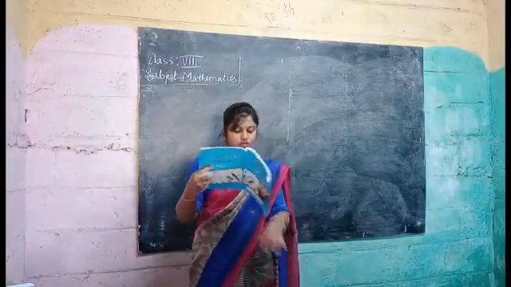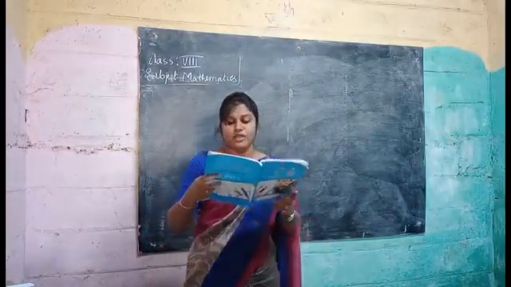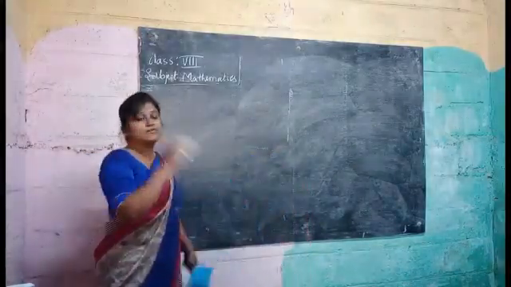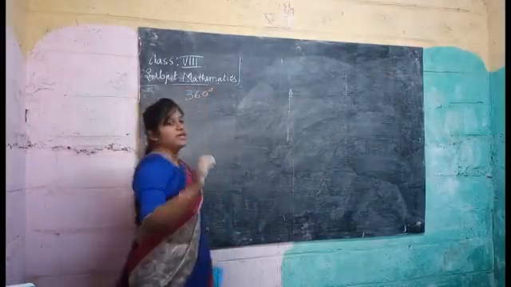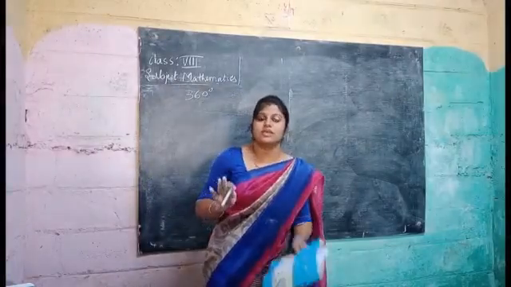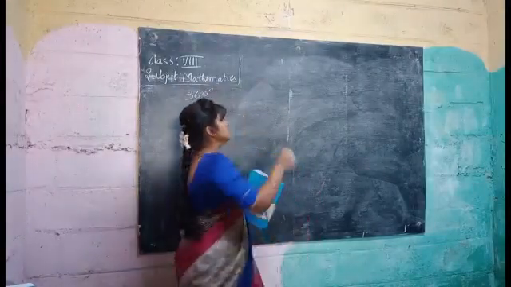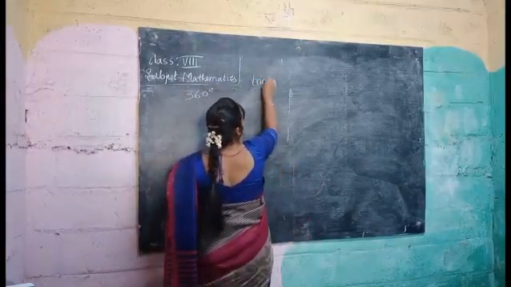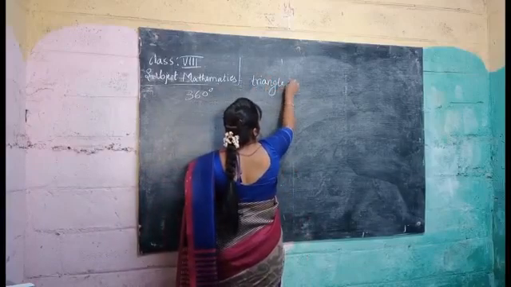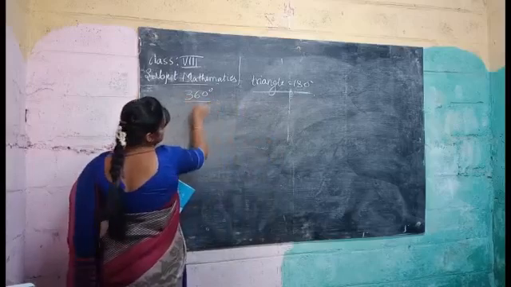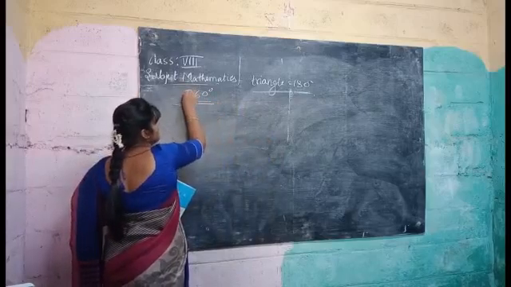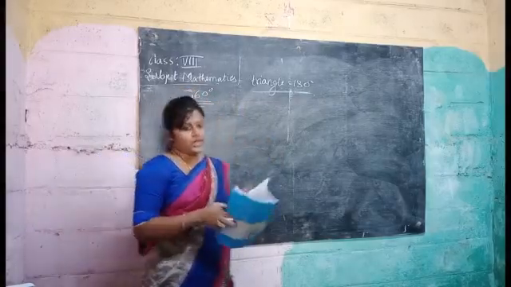In a polygon, the sum of the angles always has to be 360. 180 only comes in the triangle case. In the triangle, the sum will always be 180. Don't forget that. In the quadrilateral and in the polygon, the sum will be 360 only.